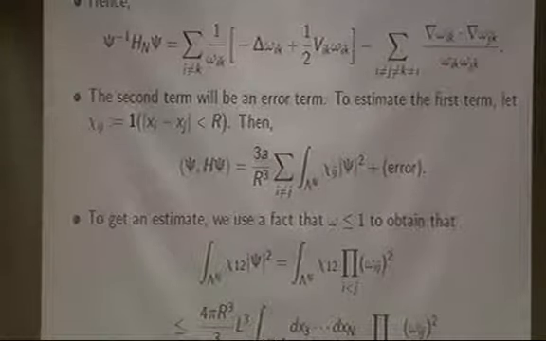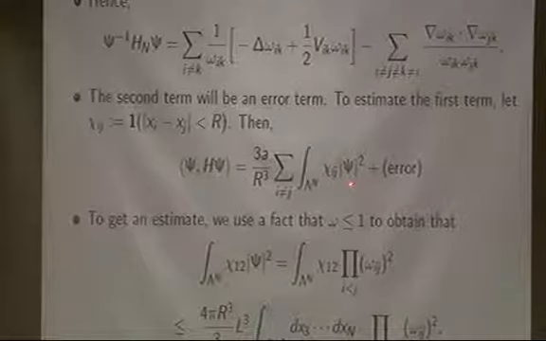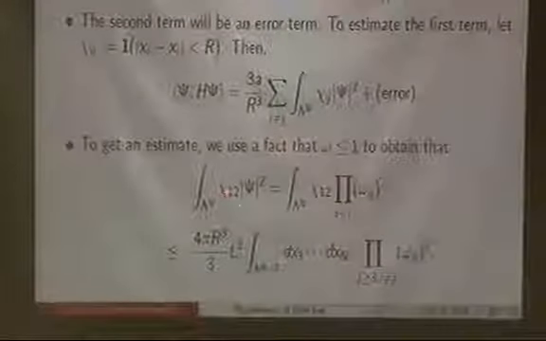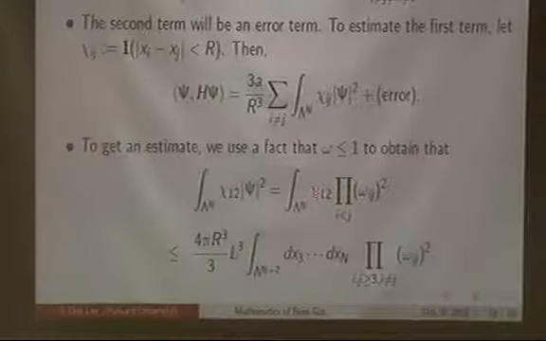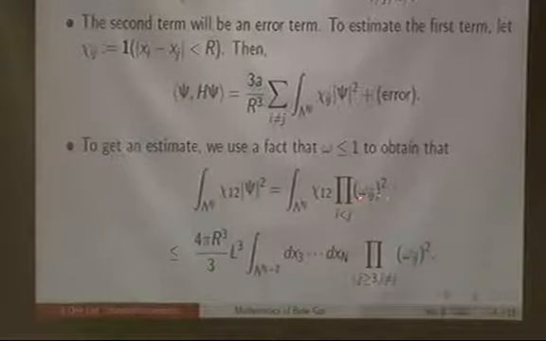To get an estimate, the technique for finding this integral, chi ij times psi squared, is as follows. Assume we have particles 1 and 2, and chi ij times omega ij squared.